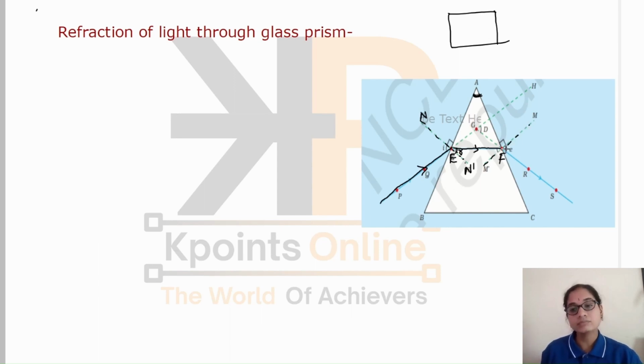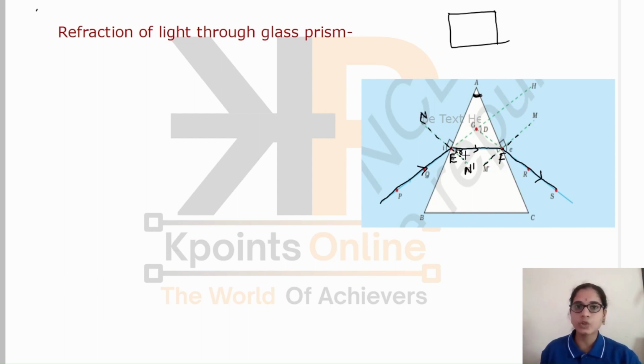See here, after getting refracted, this ray of light will bend away from the normal, because now it is moving from denser medium to rarer medium. This is the normal here, and this light ray is refracted away from the normal, and this FS is called the emergent ray, which emerges out of the prism after getting refracted.